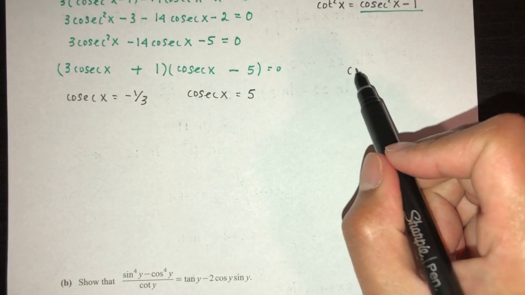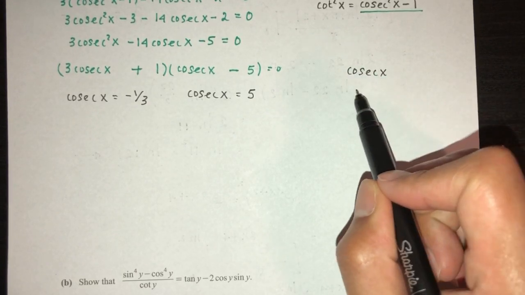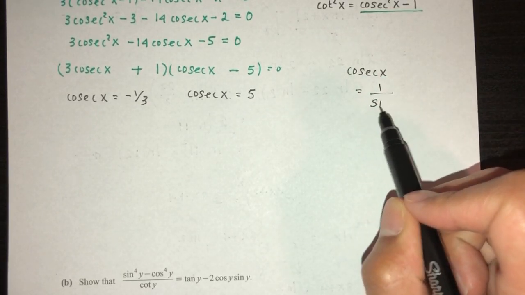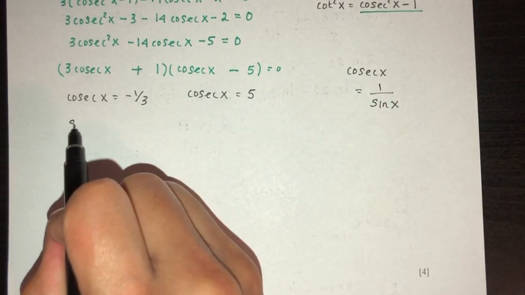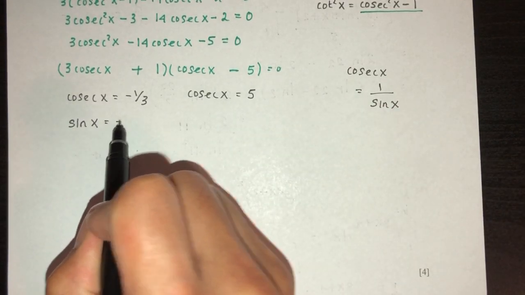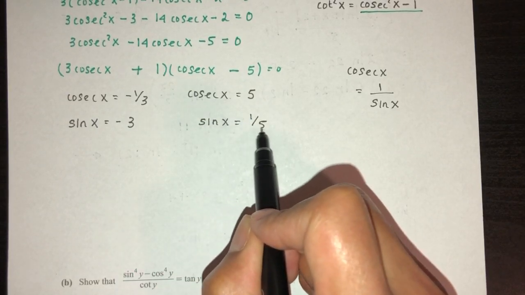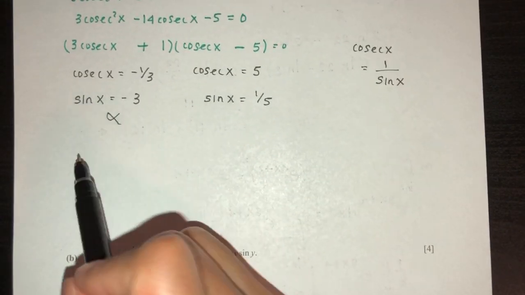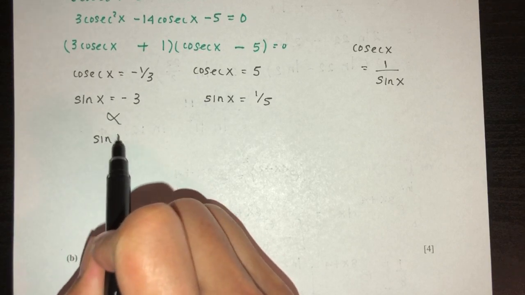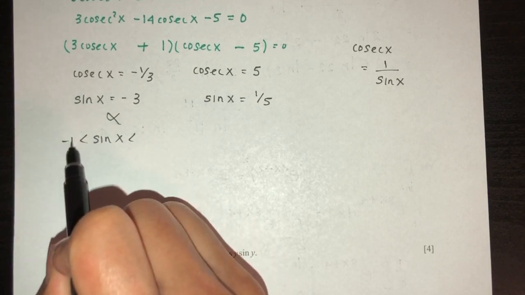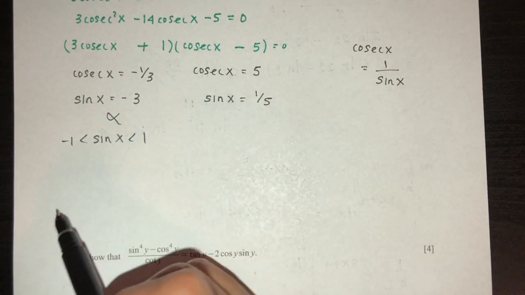So what is cosec x? You know it is 1 over sin x. So basically sin x will be minus 3 and sin x will be 1 over 5. But this one is not possible because the value of sin x can only be between minus 1 and 1. This one will not be possible.